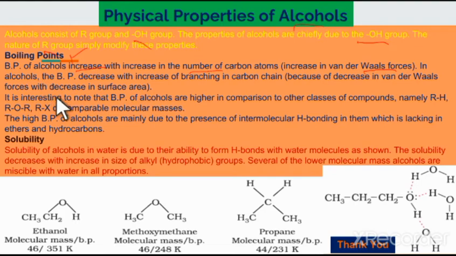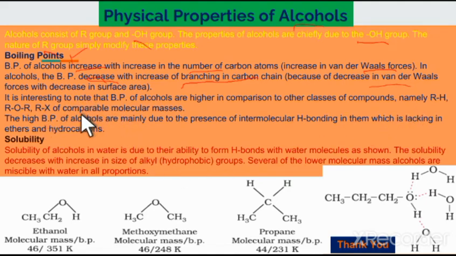In the case of alcohols, the boiling point decreases with increasing branching of carbon chains. When branched carbon chains are present, the boiling point decreases. That is due to the decrease in van der Waals forces of attraction.